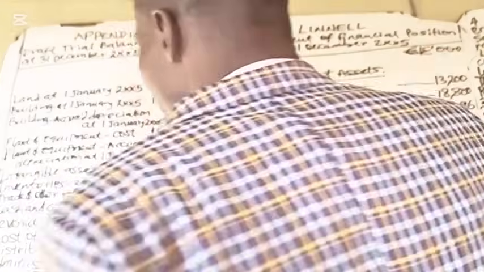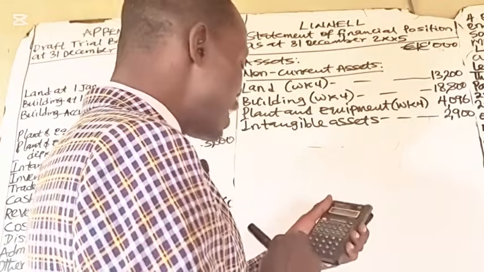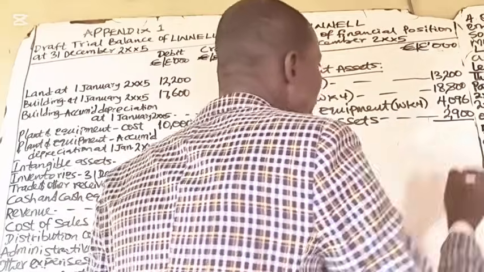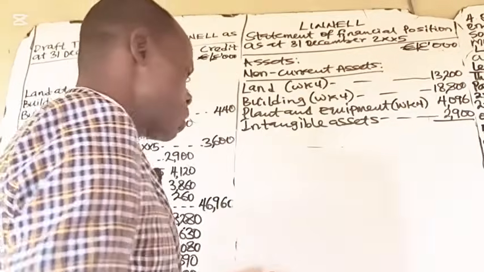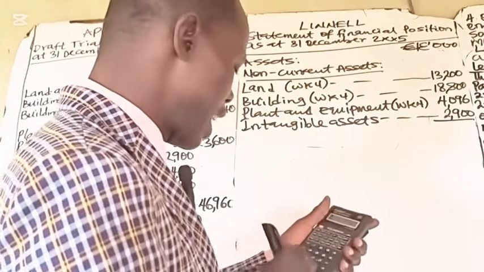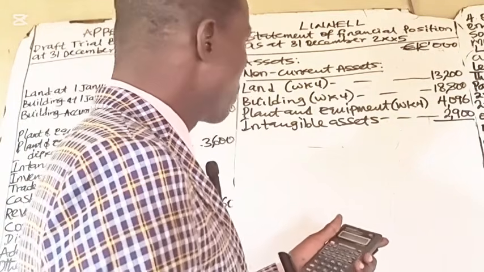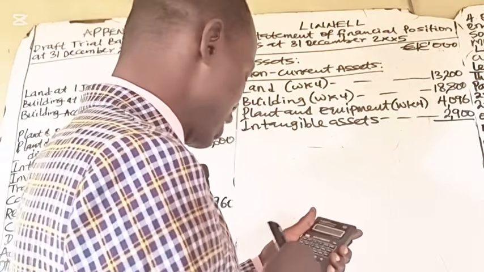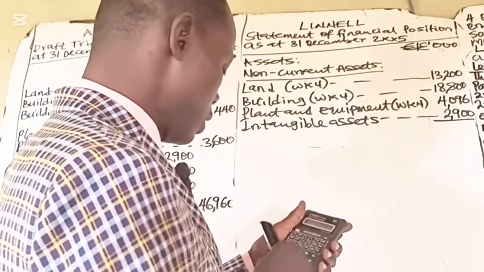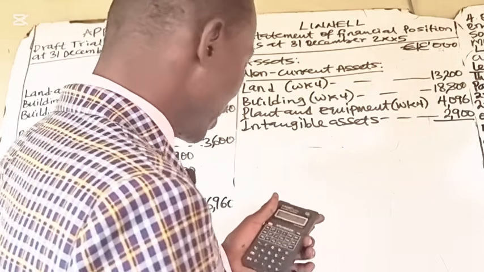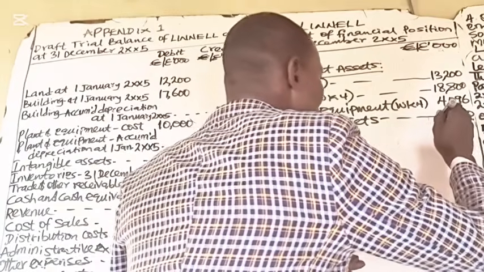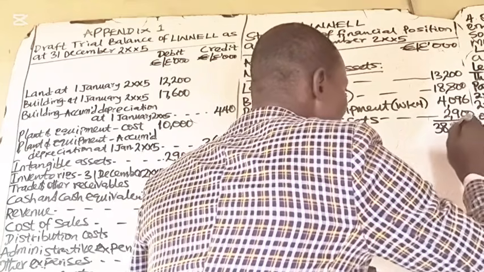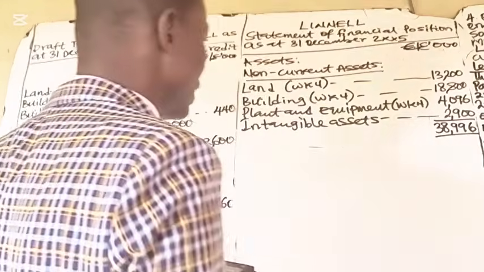Aside from the intangible assets, there are no other items that should form part of the non-current assets in the question. So let's sum up what we have there. 13.2 plus 18.8 plus 4,096 plus 2,900. So we have 38,996. That is the total of our non-current assets.